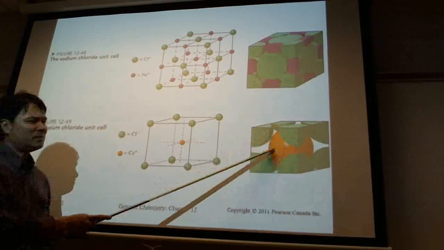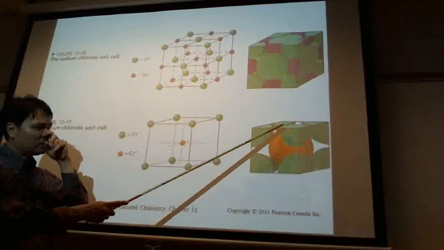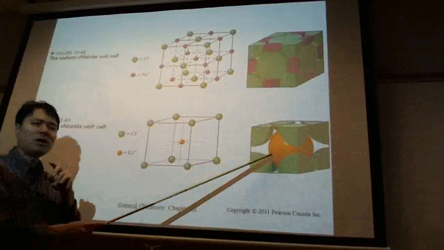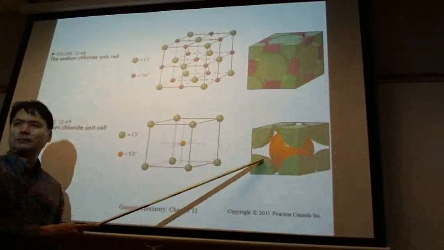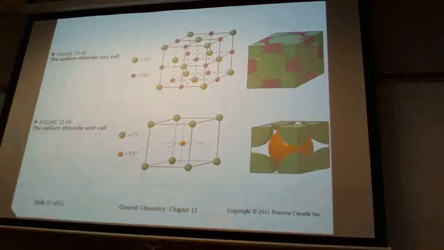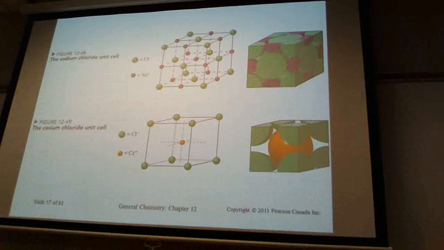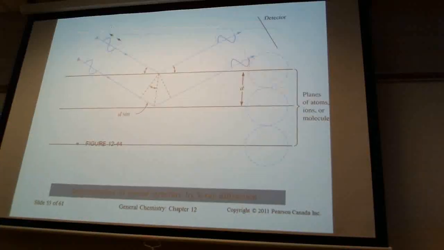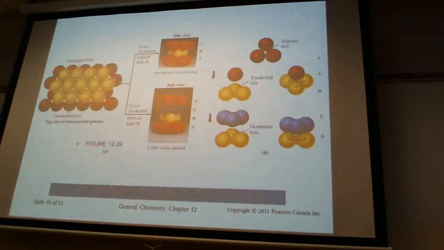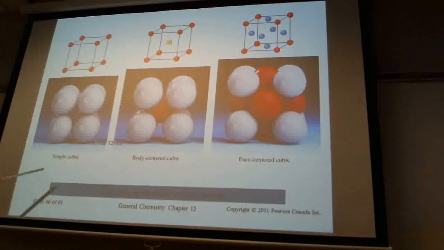That is, the cesium ions fit in the cubic hole of a primitive cubic lattice of chloride ions. Cesium cations should be smaller than chloride, the anion. And so you can understand a lot of different crystals based on these 3 packing arrangements. All right, go ahead and take that one apart.